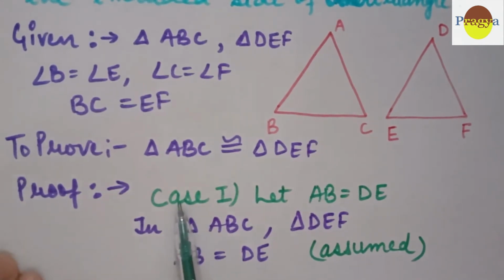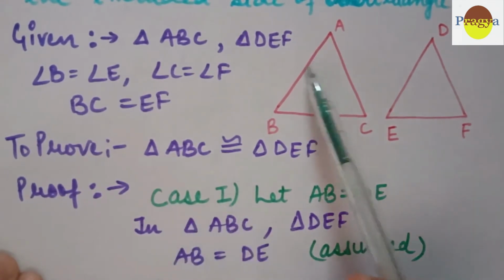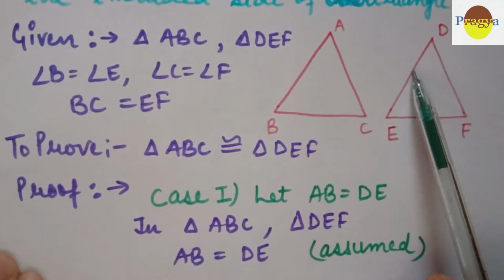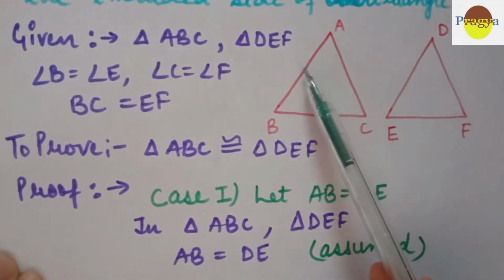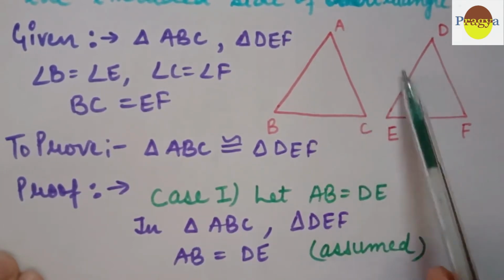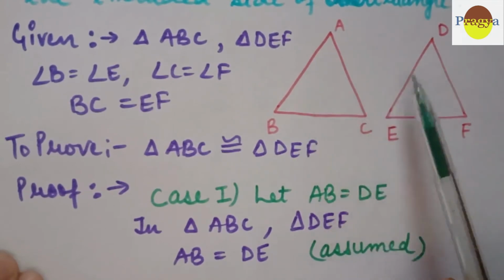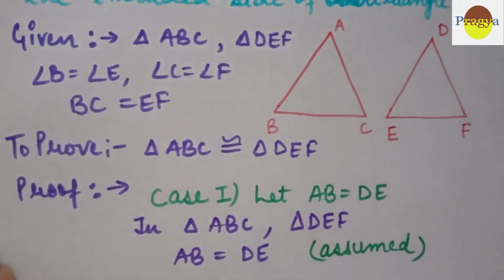In this theorem we will divide the proof into 3 parts. Case 1, let AB and DE be equal to each other. Case 2, if AB is greater than DE. Case 3, if AB is less than DE. Because we want to prove it, we have to check each and every thing in this question. We do not want to lose any part.